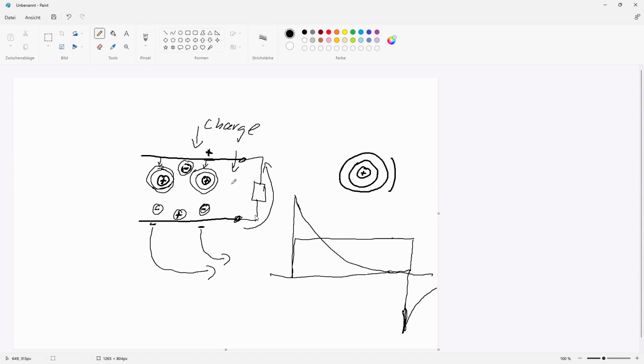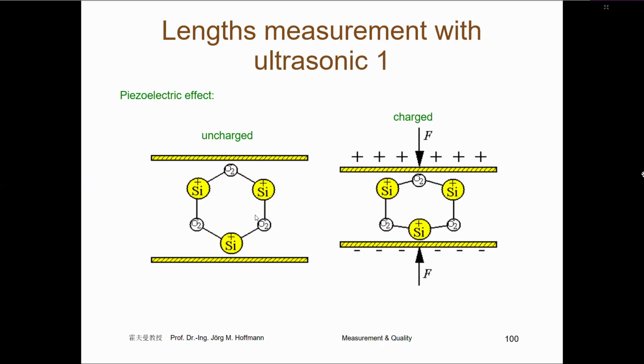And this you can use as a sensor when the pressure comes from outside.